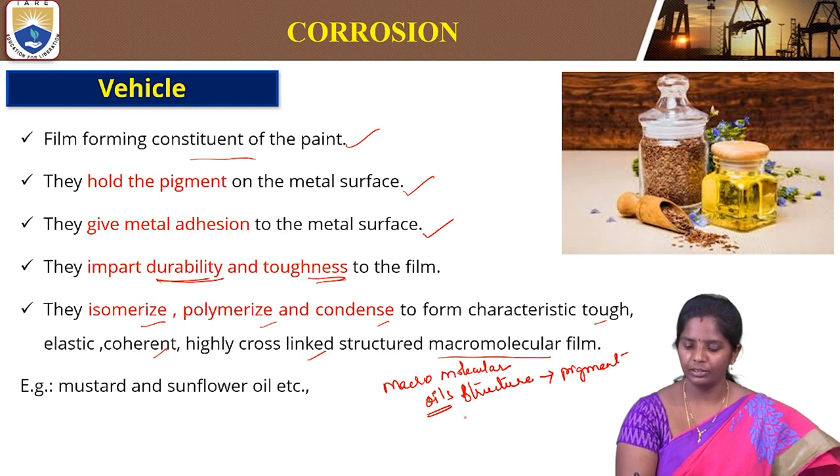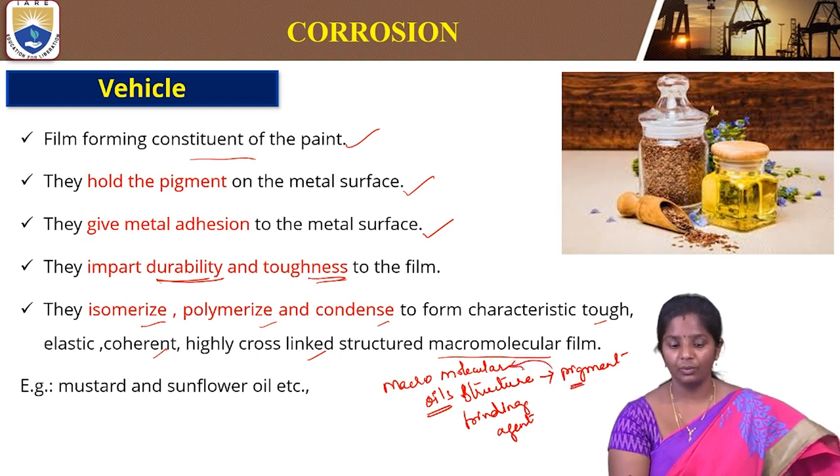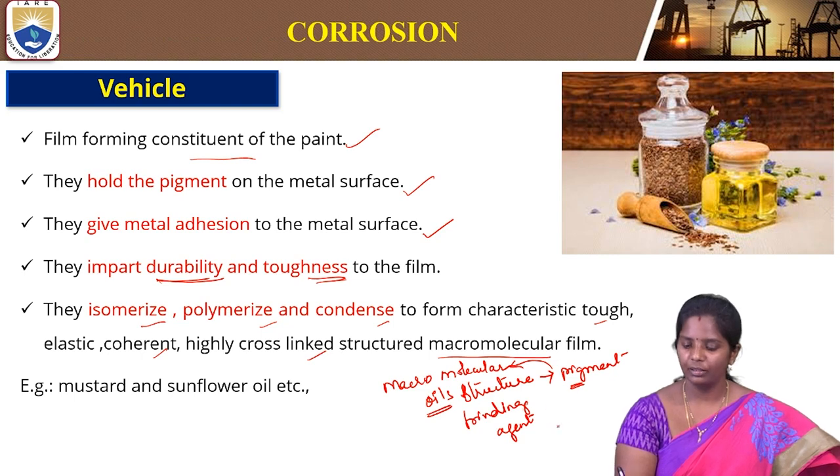So this is a binding agent. The binding agent combines with the pigment and forms a big structure that helps in increasing the durability of that paint.